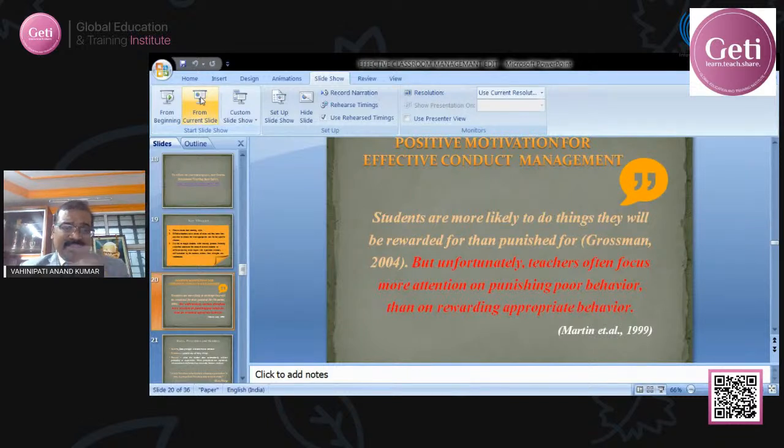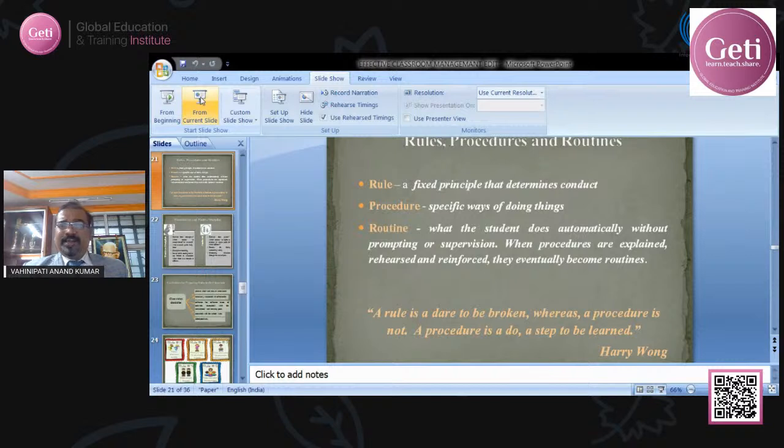So, if we reverse this, if we appreciate their every good thing, then the students will also start thinking positively, because when the good behavior is appreciated, rewarded, awarded, naturally everyone wants applause, everyone wants praise, everyone wants rewards and awards. So they will never go for the negative behavior.